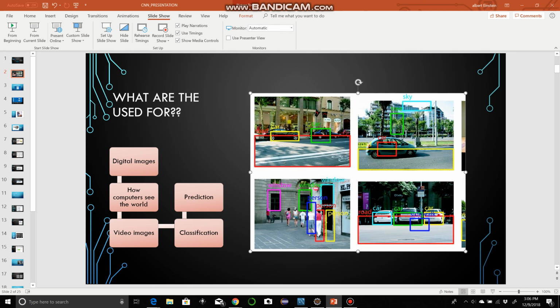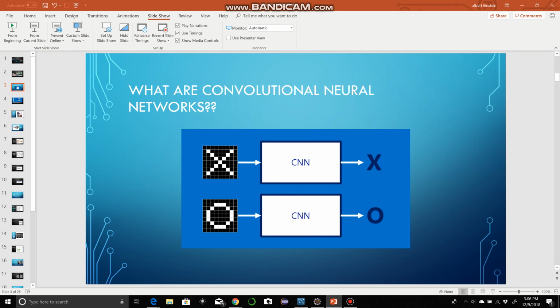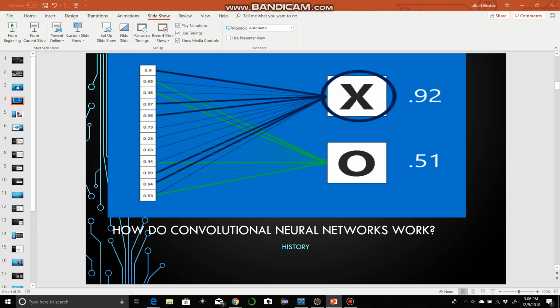A CNN can be developed to help that physician or the healthcare provider identify certain things in images. So we're going to be getting into a little bit of the history of what they're used for, a little bit of the history of their origin, how they were discovered, and how they're used today, of course.